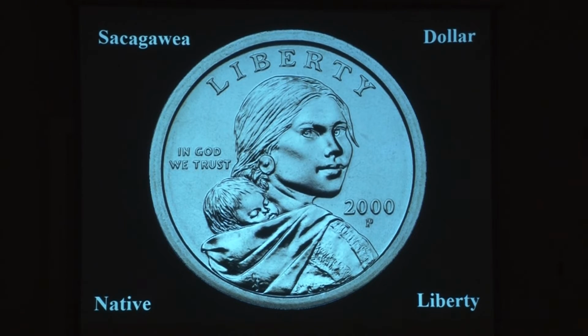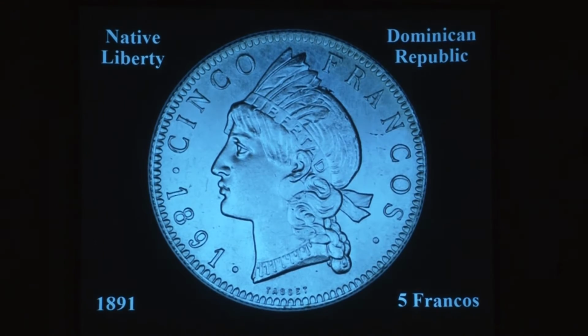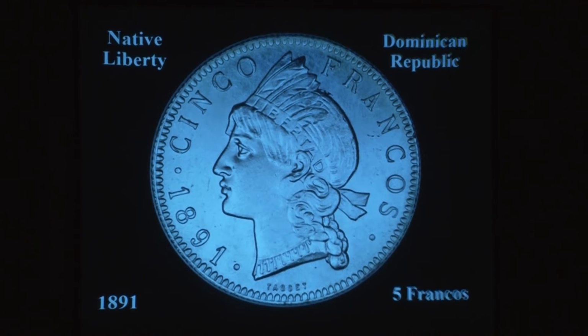So this imagery is still with us, and like I said, it's even penetrated other parts of Latin America. Here is a figure. It says Libertad on the headband. She's got the feathered headdress, right? And this is 5 francos from 1891 in the Dominican Republic.